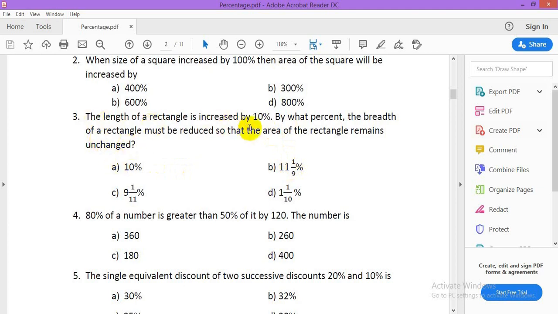The length of a rectangle is increased by 10%. By what percent must the breadth of the rectangle be reduced so that the area of the rectangle remains unchanged?